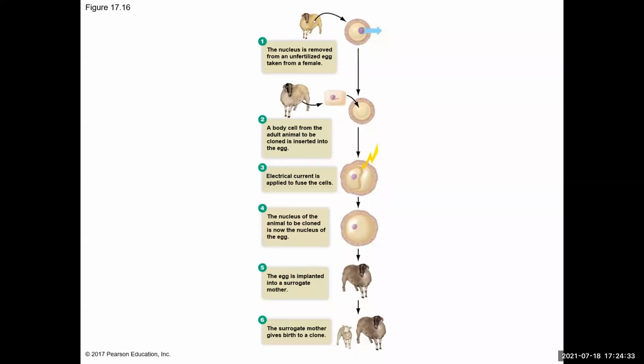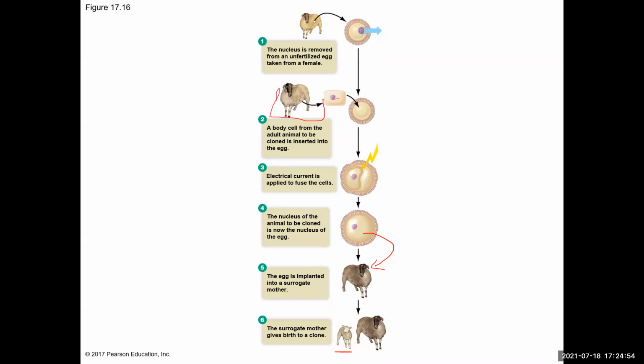Then you apply the electrical current, which fuses those cells together, and now you insert that into a surrogate mother, and you get an identical clone of the individual that provided the somatic cell.